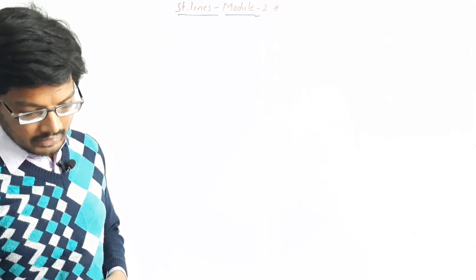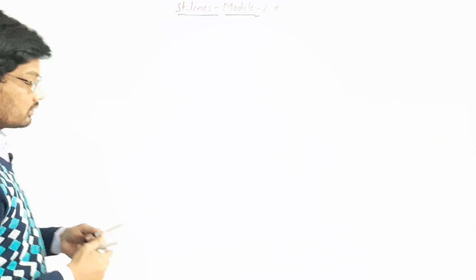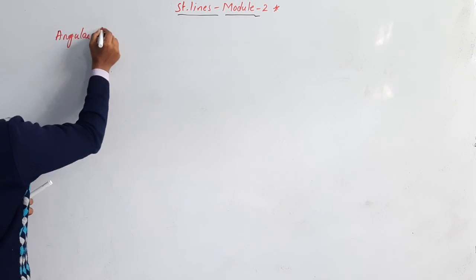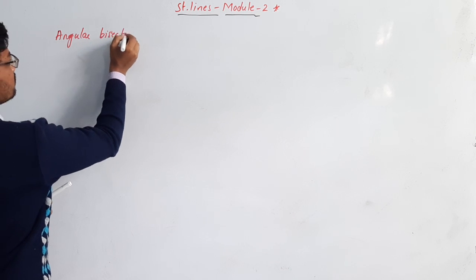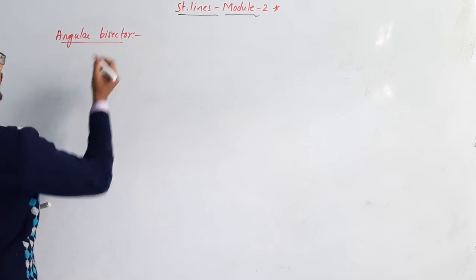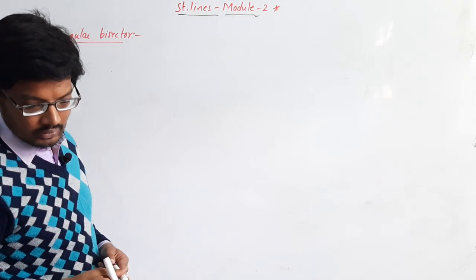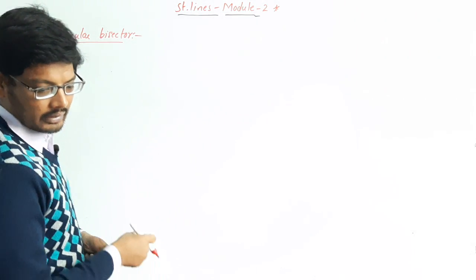So the question number 52, angular bisector. Topic name is angular bisector. Question number 52, that is the acute angle between the lines.